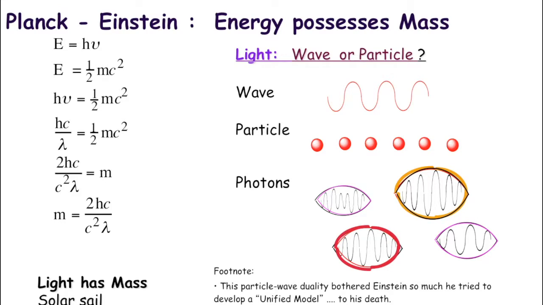And so Max Planck gave us the equation that the energy of light equals h nu, where h right here is a constant. It's called Planck's constant, and nu right here is the frequency of light.